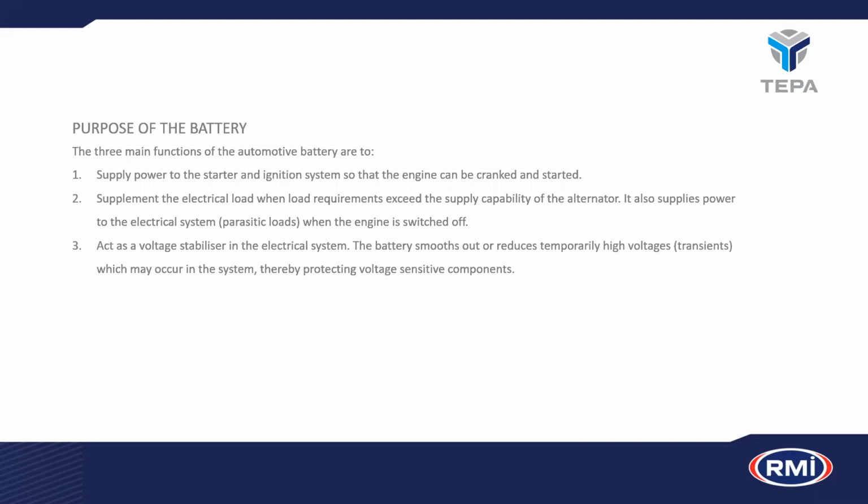But under normal circumstances, normal operation of the vehicle, when you have your headlights on high beam and you have your aircon on, etc., and you suddenly switch them off, there's a load relief on the system, and it can lead to a spike in the system, which could potentially affect things like ECUs and body control modules, etc. So the battery is there for that purpose as well.